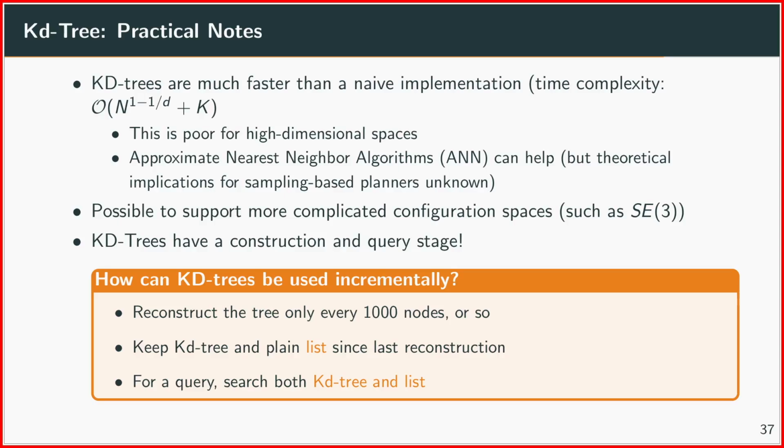In the meantime you keep a list of samples which you have not yet added to the tree. When you want to query, you first search the KD tree and afterwards the list, and then you take the minimum over both data structures. This is usually a more efficient way to avoid doing the KD tree generation every single iteration.